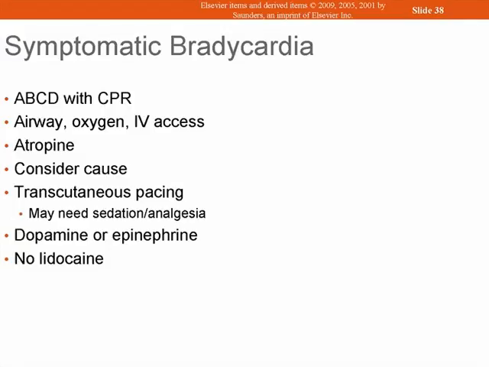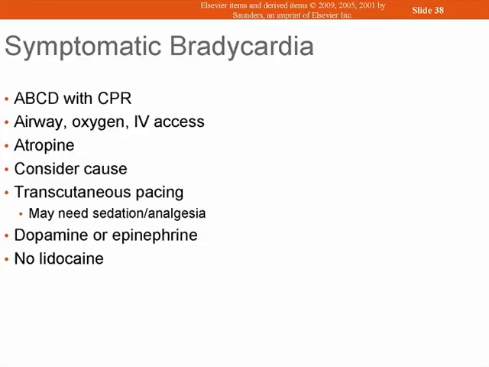Okay, so sinus bradycardia is not a problem unless they're symptomatic. If they have symptomatic bradycardia, you will treat them A, B, C, D, and CPR. Airway, oxygen, IV access. Then give atropine first. Then consider an underlying cause of this symptomatic bradycardia. You may have to give someone transcutaneous or percutaneous pacing.